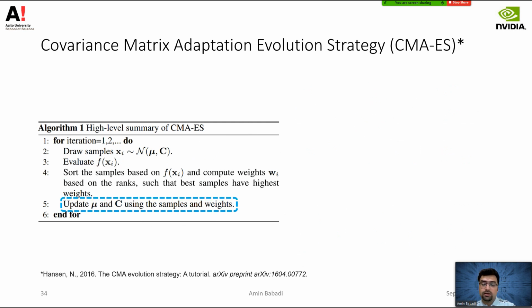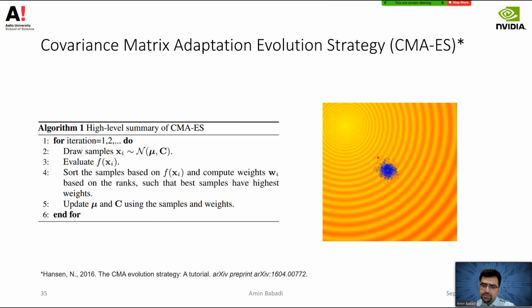Finally, it updates the sampling distribution mean and covariance using those weights. An example of CMA-ES solving an optimization problem is shown here. As you can see, CMA-ES manages to quickly expand the exploration variance towards the optimal solution and solve the problem really fast. So this is a property that we were really interested in, and we wanted to see how we can simulate this behavior in the context of PPO.